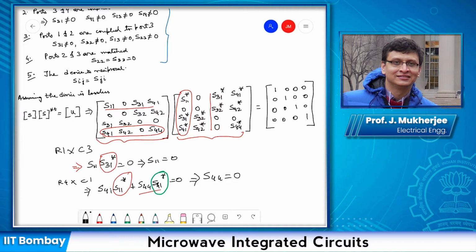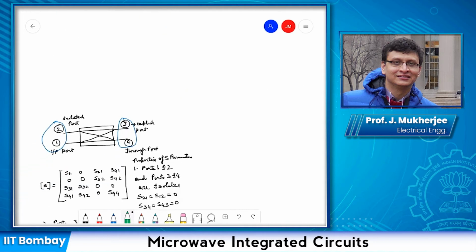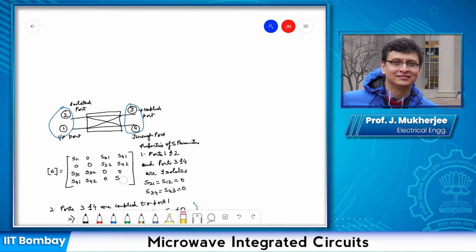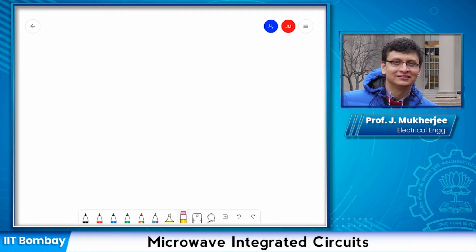So what we observe is that when ports 2 and 3 are matched, ports 1 and 4 are also matched. So we can simplify our matrix further so that now these terms are also 0. Let me write down the S parameter matrix. From what we have gathered so far, our S parameter matrix should be like this.